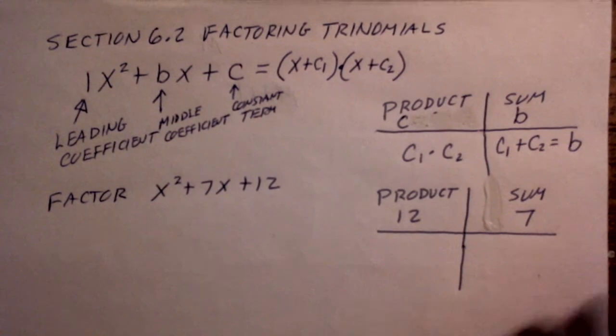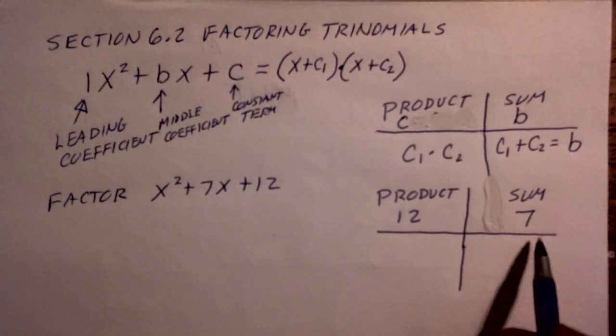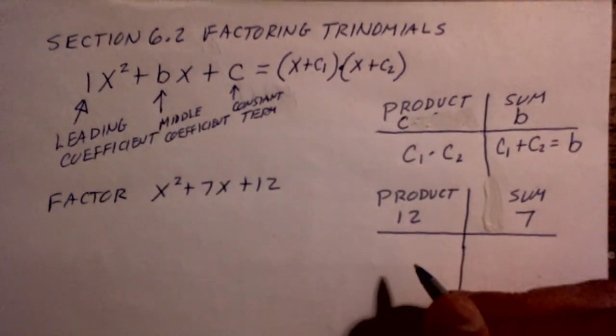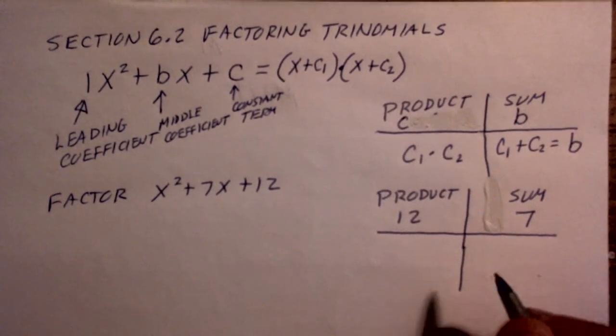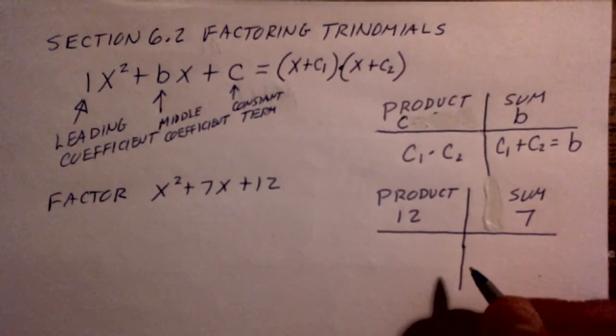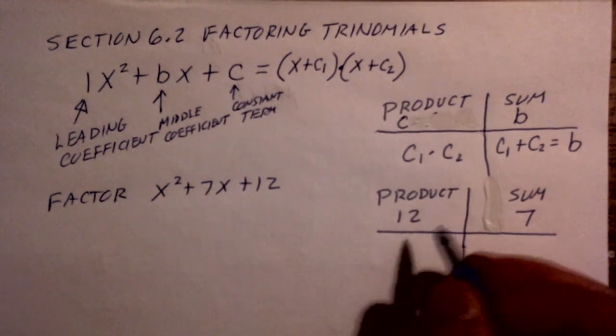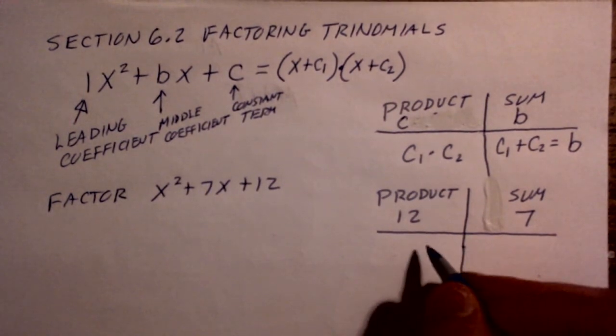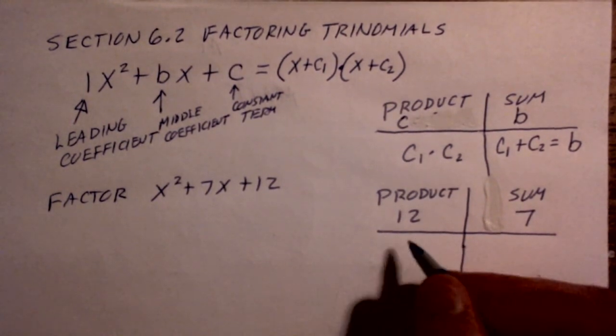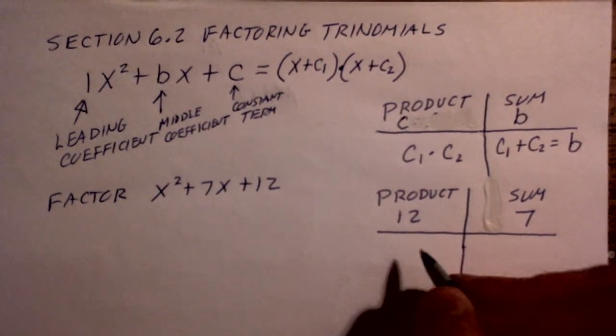So we're going to start searching for factors of positive 12 that add up to positive 7. Now, if you cannot think of what those factors are, if you can, more power to you. But if you can't, you might want to just start listing factors of 12 by starting with 1, trying 2, trying 3, climbing the ladder. That way you won't miss any.